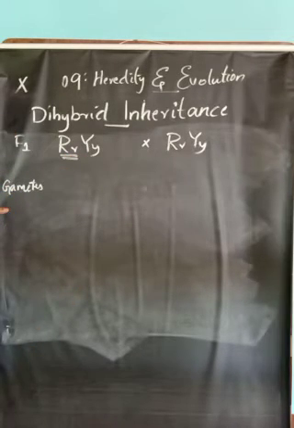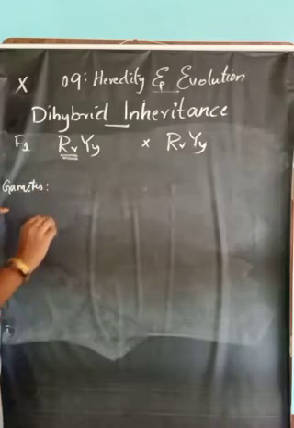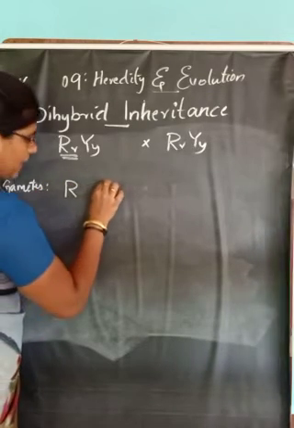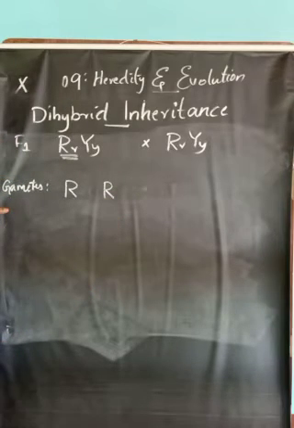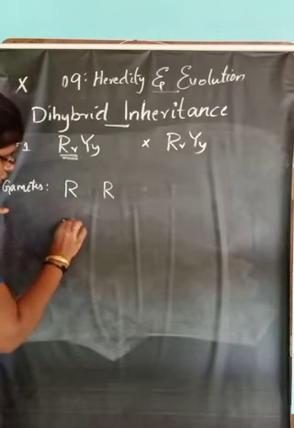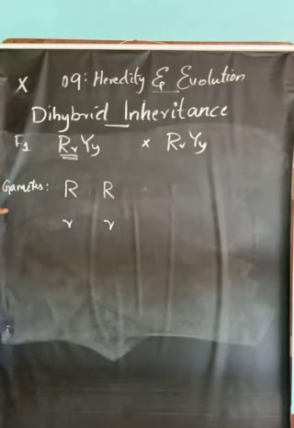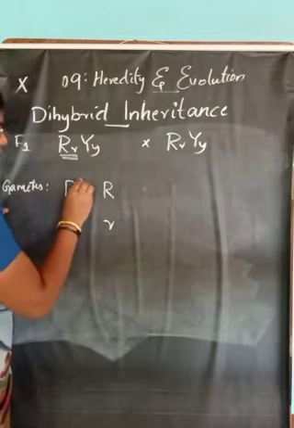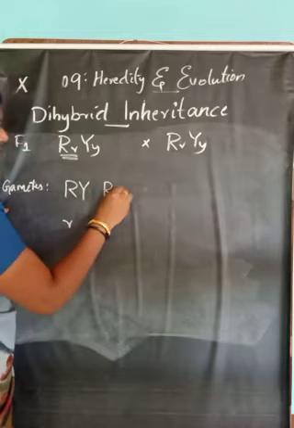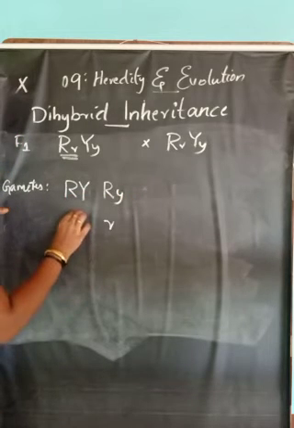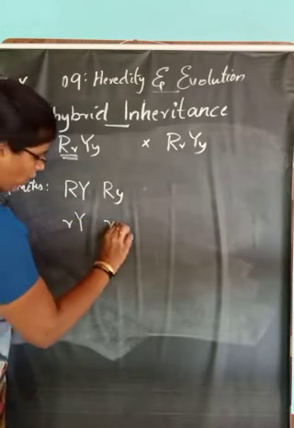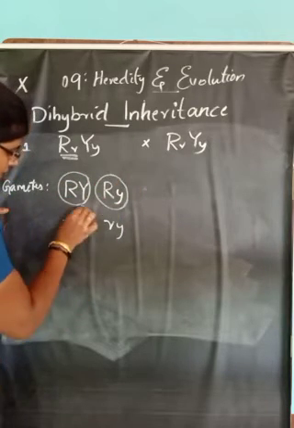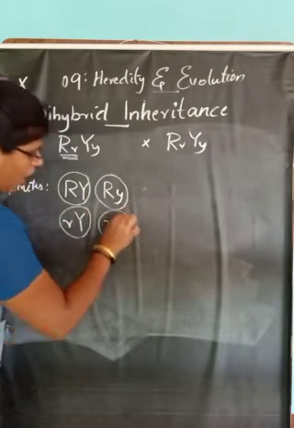It is an easy way: I write 2 capital R, then 2 small r, then capital Y, small y, capital Y, small y. So 1 gamete, 2 gamete, 3 gamete and 4th gamete.